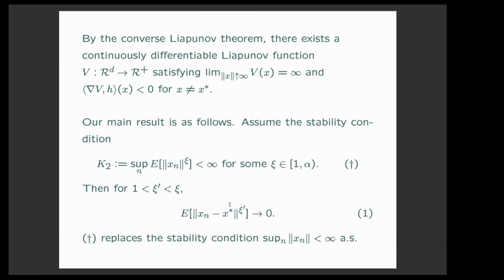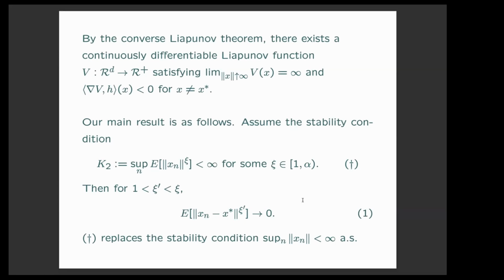Let's take this Lyapunov function V, which goes up to infinity, and away from the equilibrium the derivative of V along h is strictly negative. And the claim is that for some psi, if I assume that for some psi this moment is bounded, psi between 1 and alpha, so alpha was strictly between 1 and 2, if this moment is bounded, then for any smaller psi prime, you get convergence in psi prime.